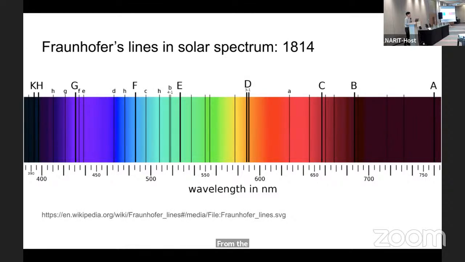He didn't really understand what caused this, and he wrote it down, calling the lines A line, B line, C line, D line, E, F, G, H, and K. These are now known as Fraunhofer lines, and the terminology is still used.